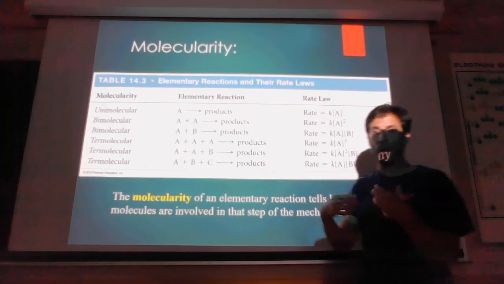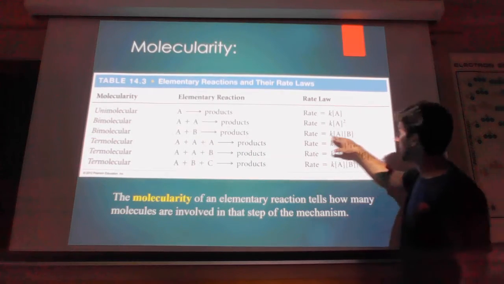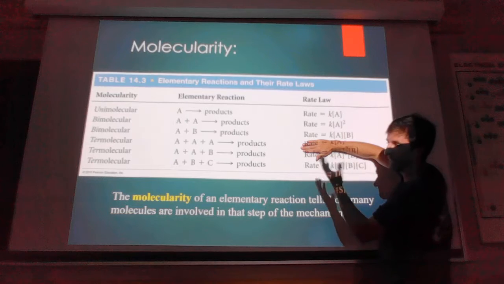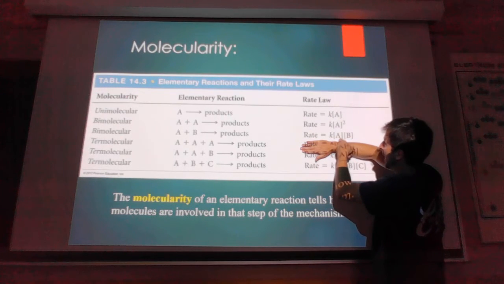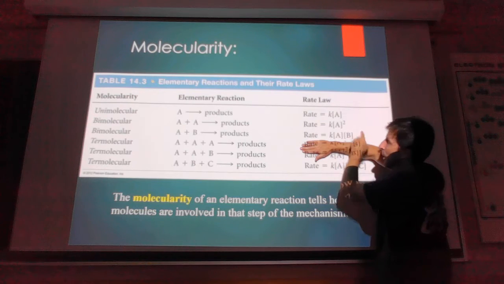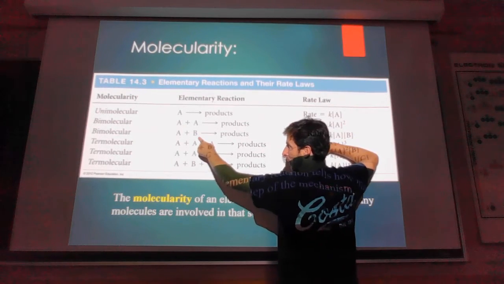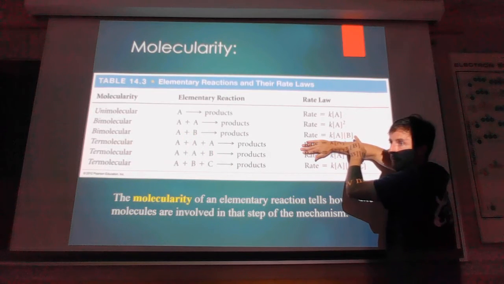So when I write the rate law, my coefficient in front becomes my exponent. So the rate of this reaction in the slow step, or the step we're looking at, would be k times A to the first times B to the first, because in that step, there is a single A molecule and a single B molecule. So those coefficients become my exponents.